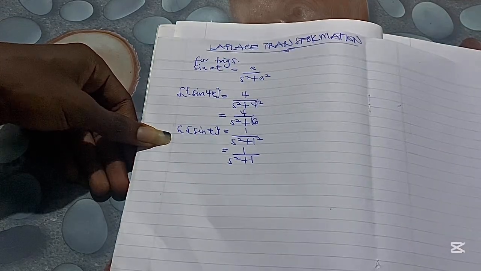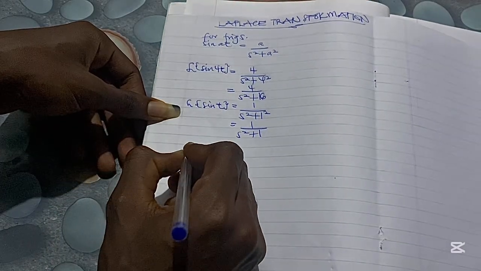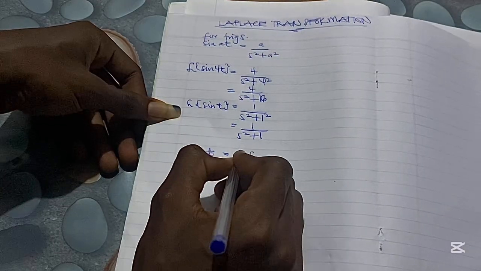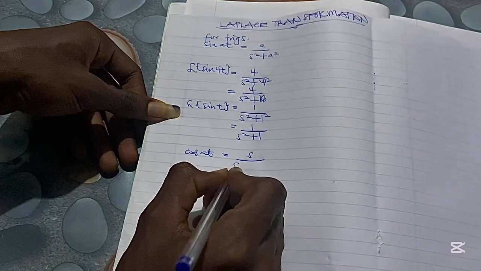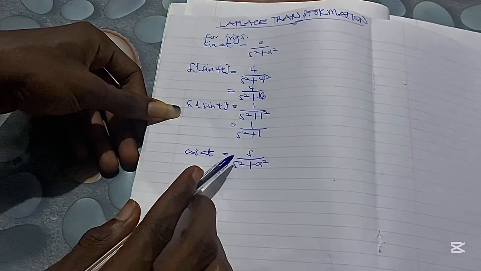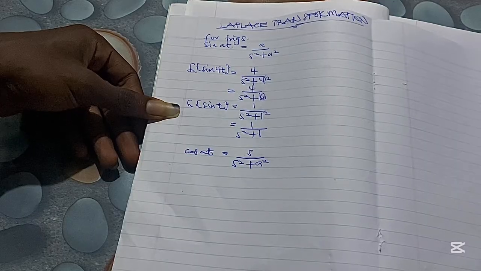So let's do cos. The Laplace transformation of cos at is equal to s over s squared plus a squared. For this one, you're only dealing with the a; forget the s, the s is no trouble.